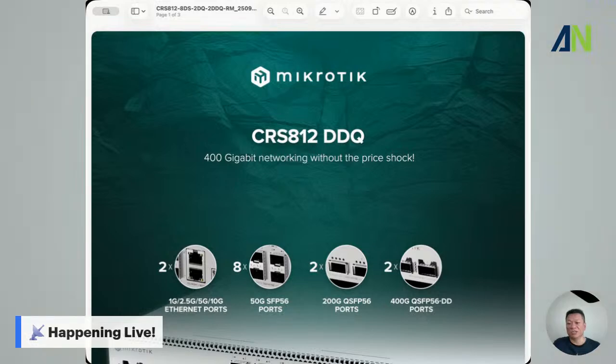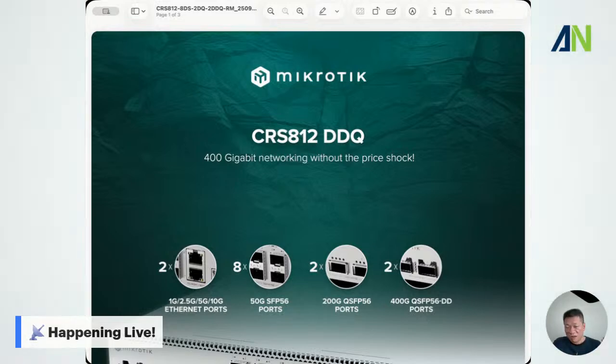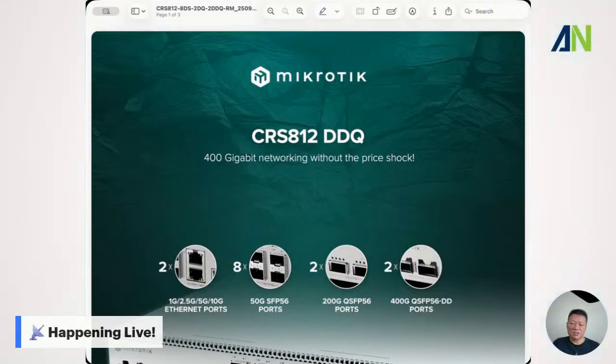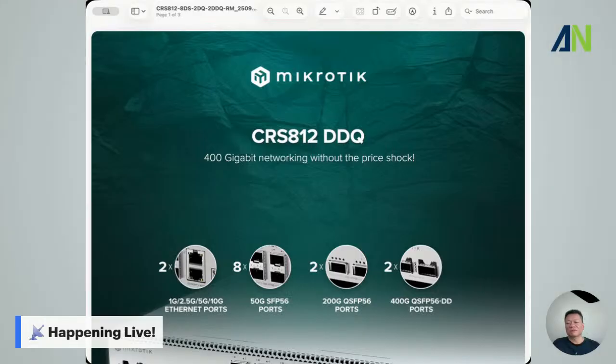The hardware comes with a software license, you pay a one-time fee, and that's it. It's yours. So what are the differences between all these devices, like the one we are looking at right now, the CRS812-8DS-2DQ? The differences are CPU, memory, and the type of network interfaces the device has.